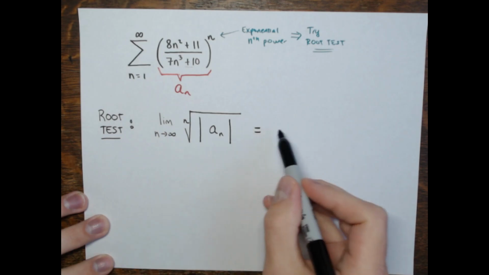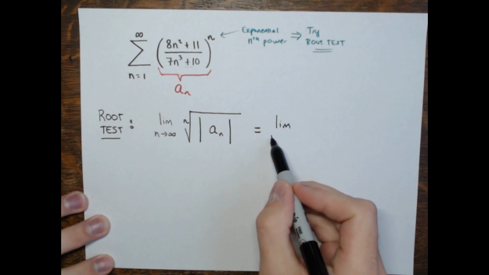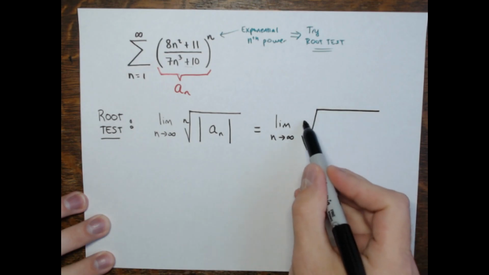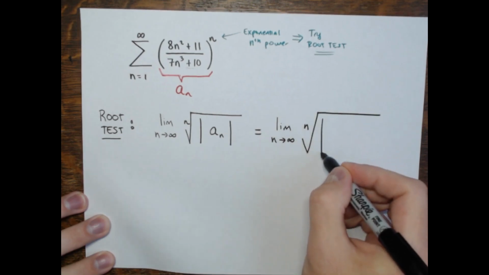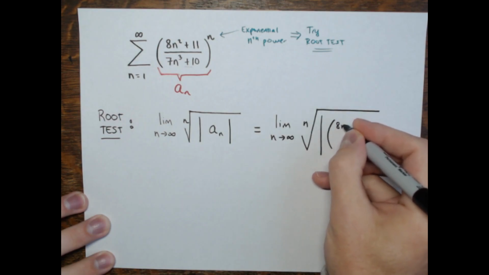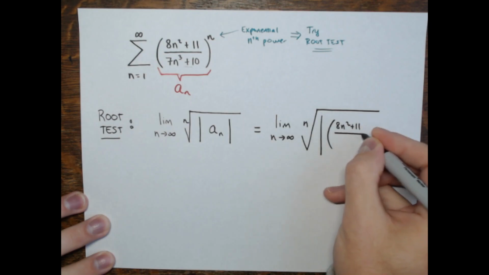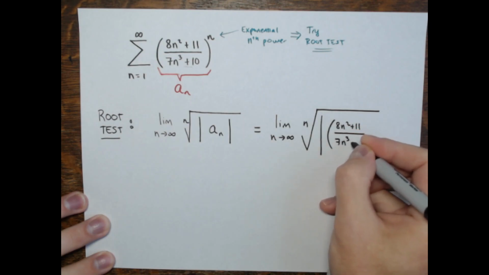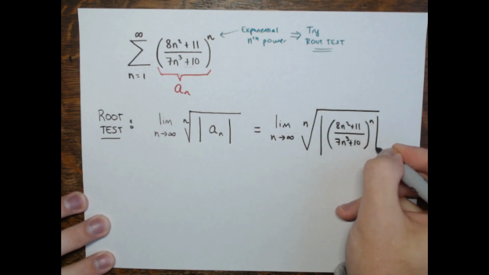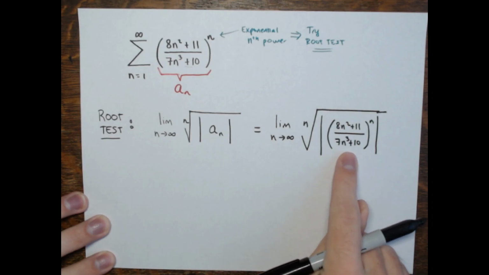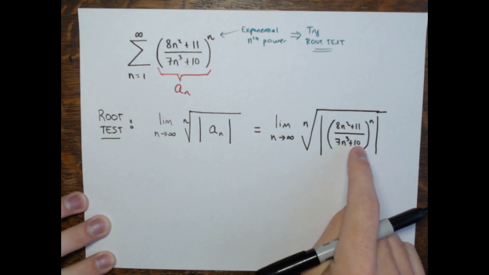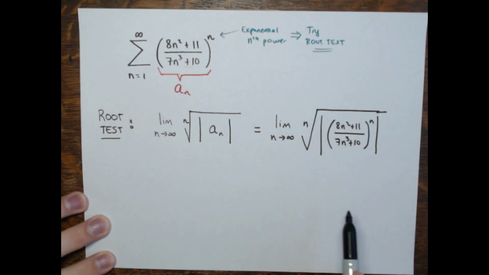So this is the limit as n approaches infinity of the nth root of the absolute value of these terms, 8n squared plus 11 divided by 7n cubed plus 10, to the nth power. But again, when n is larger and larger positive, these are positive numbers anyway, so I don't need the absolute value.